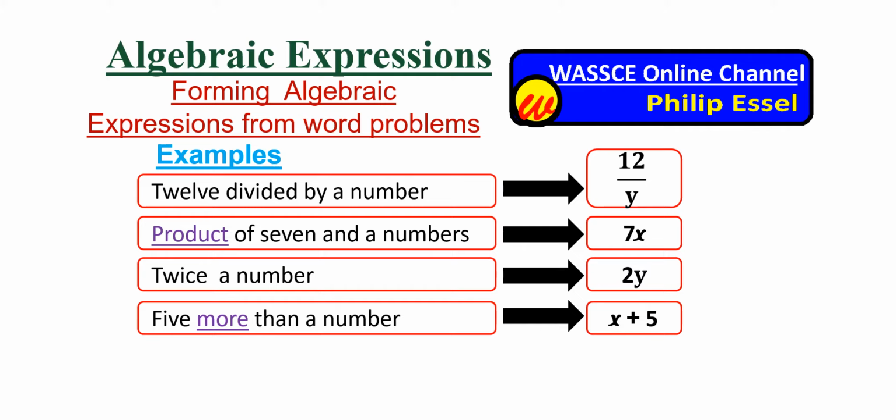So 5 more than a number simply means that we are adding 5 more to that number. That number we do not know, it's a variable, so let's represent it by x. So we are adding 5 more to the variable x. That will give us x plus 5.